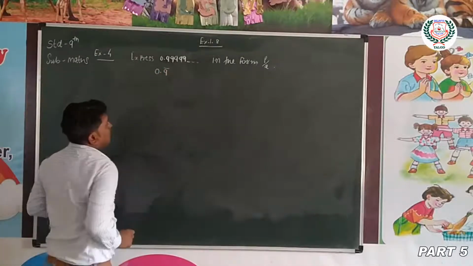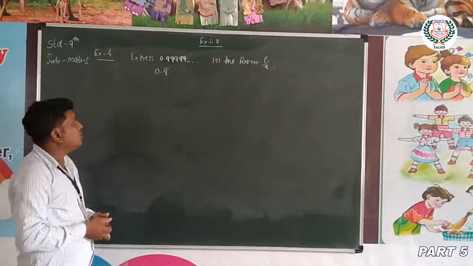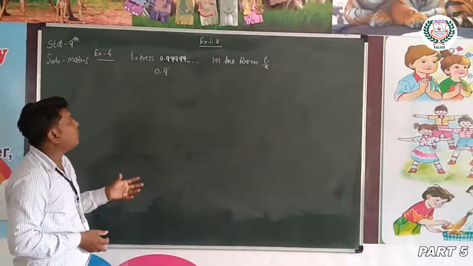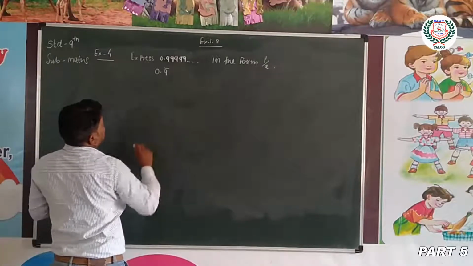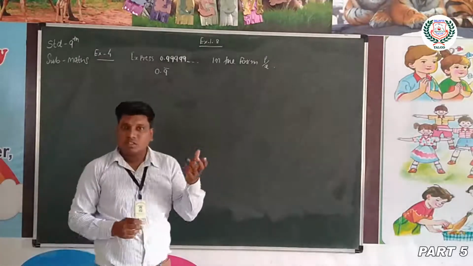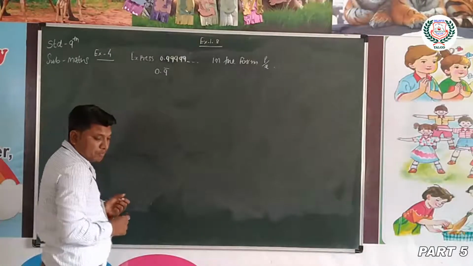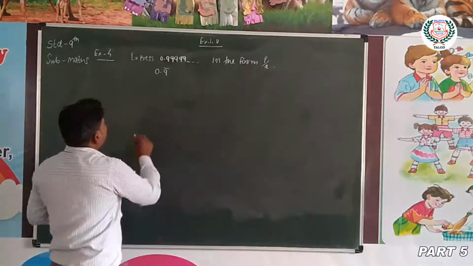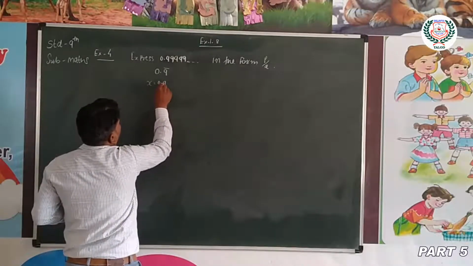0.9 bar, and it means 9 is repeating more times. So when we convert it in p by q form, look here what happens. First, one digit is repeating, so assume x is equal to 0.9 bar.